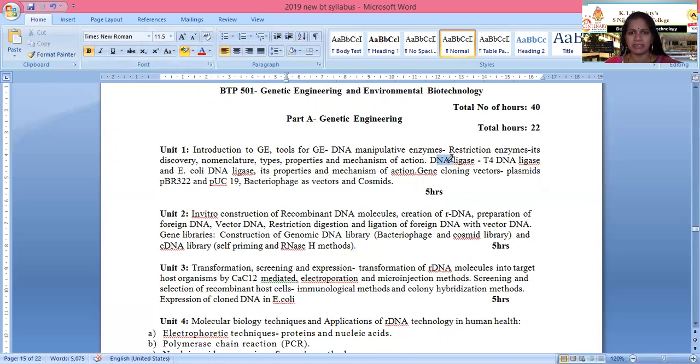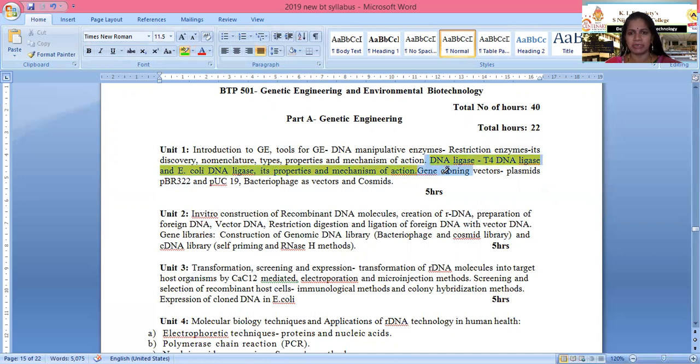Then you are studying here DNA ligase. Under that you are going to study T4 DNA ligase and E. coli DNA ligase, its properties and mechanism of action. Then coming to the next part of unit 1, gene cloning vectors. Under this, you are going to study plasmids.